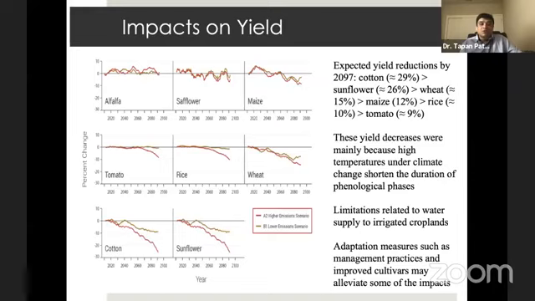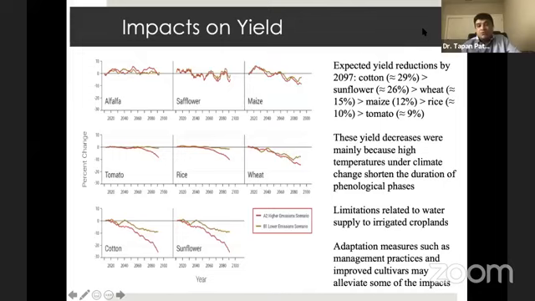As you can see, alfalfa, which is one of the major crops in California, sees almost no yield decline with respect to climate change, because there is no reproductive phase in that crop. As opposed to that, sunflower, cotton, wheat, and rice do see yield decline anywhere from 9% to 29%.